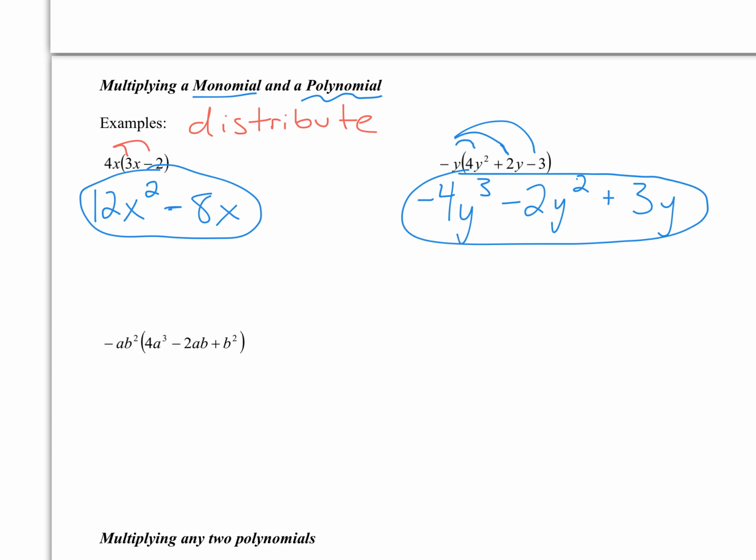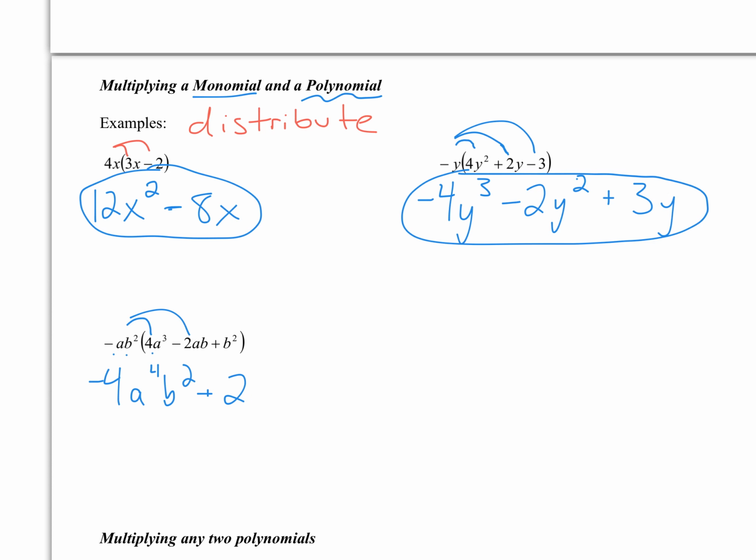Last example, negative ab squared. We're going to distribute that to the 4a squared. Well, I know the number is going to be negative 4. Then we have a times a cubed, and then we have that b squared. So our first term is negative 4, a to the fourth, b squared. Let's distribute that to the next term. Positive 2.